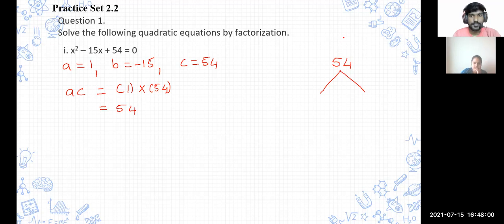Okay. Now this 54, you have to split into two numbers, into two parts.